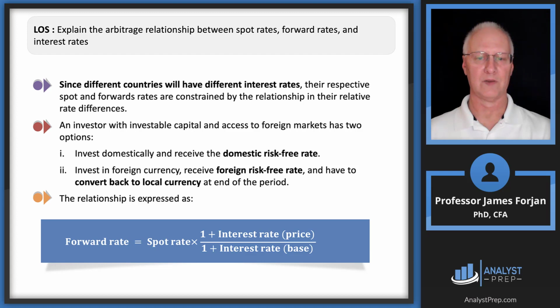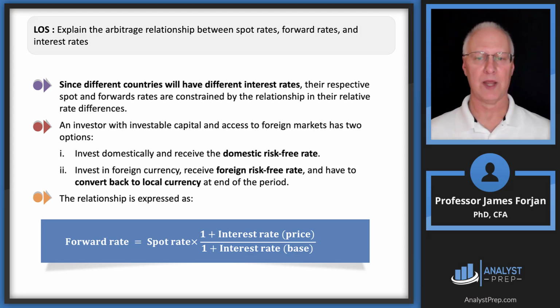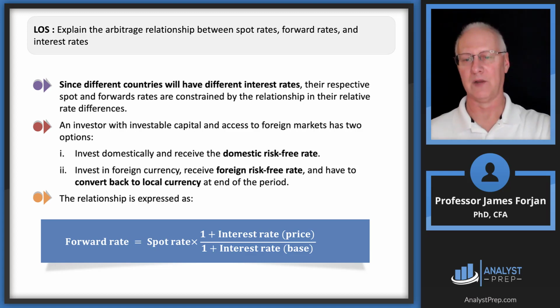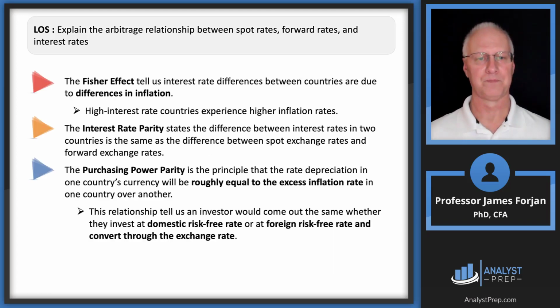The forward rate is going to be the spot rate times 1 plus the interest rate divided by 1 plus the interest rate. So there's that time value factor that I taught you about back in the time value of money reading, 1 plus the interest rate. And of course, the price currency will be the interest rate in the numerator, and the base currency will be the interest rate in the denominator.